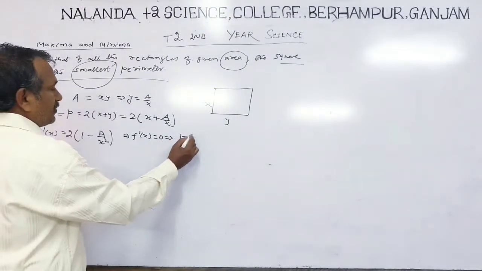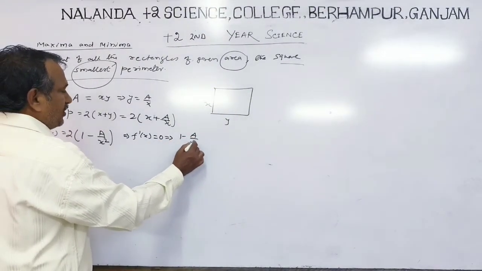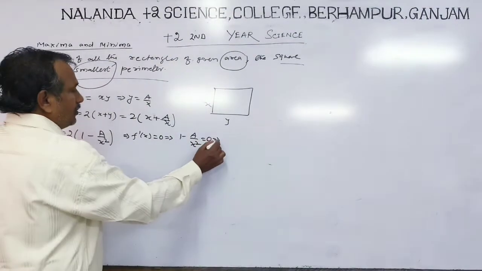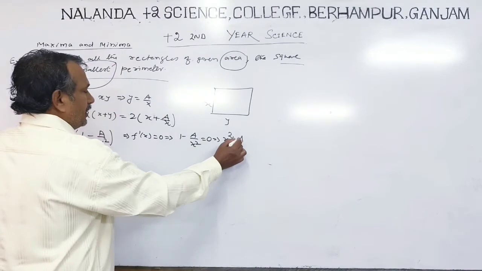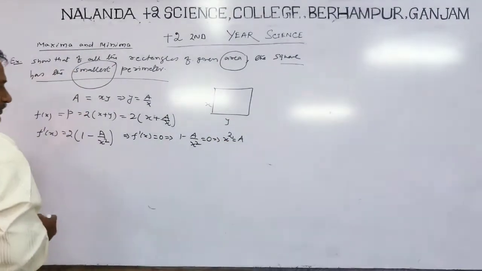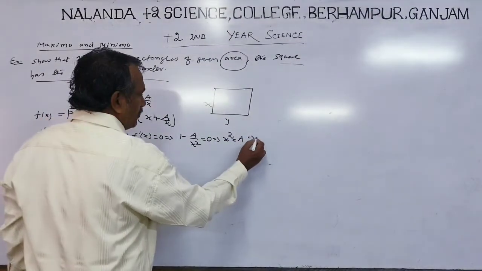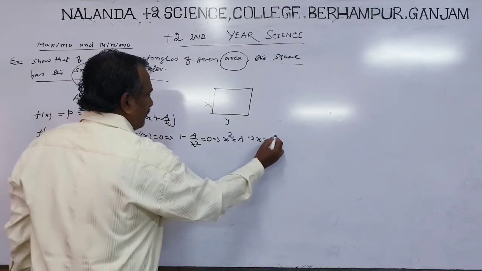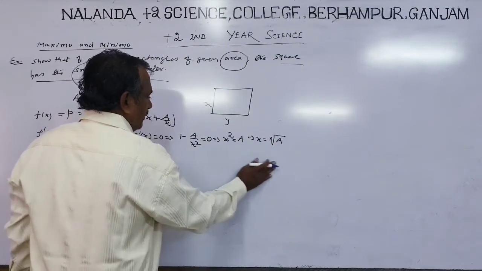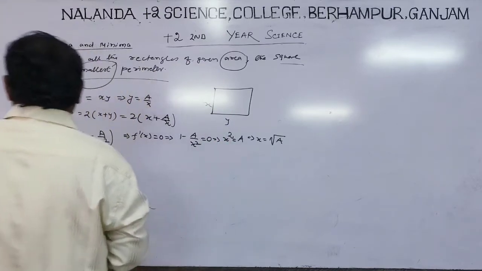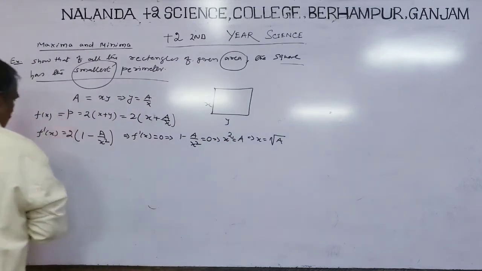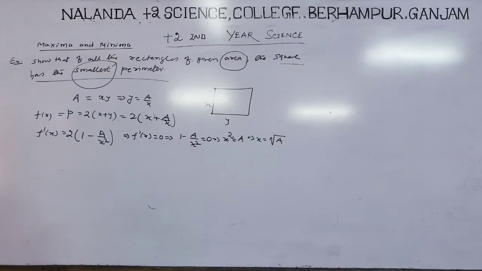So 1 minus a by x square equals 0, or x square equals a, or x equals only positive root a, not negative, because the length or breadth must be positive. Okay, not plus or minus, only plus. Now this is x. So what is f double dash x?